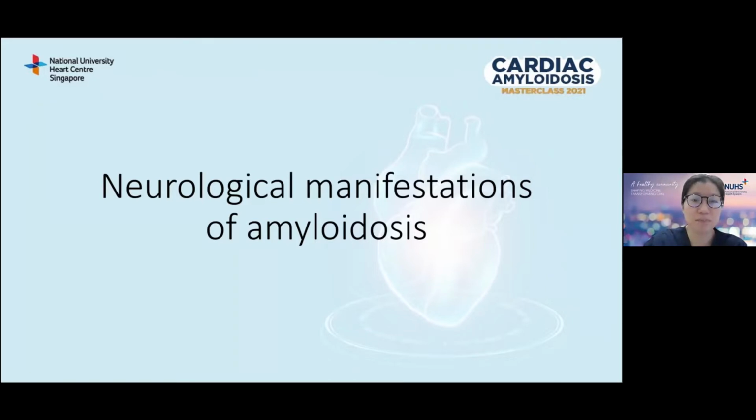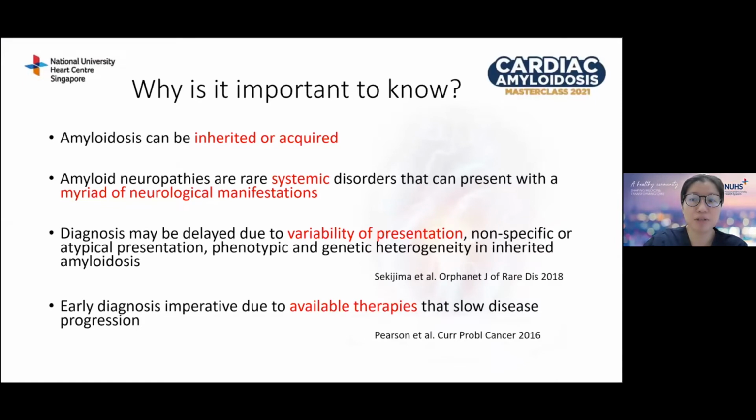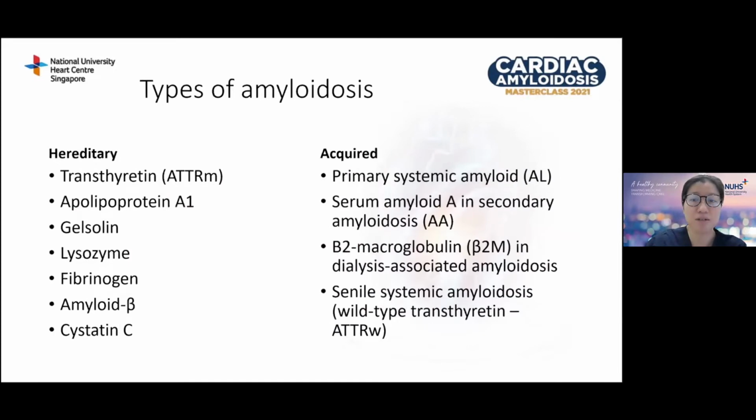So I'll be talking today about the neurological manifestations of amyloidosis. It's important to know about amyloidosis because there are available therapies and diagnosis is often delayed due to a variability of presentation, which includes a myriad of neurological manifestations.